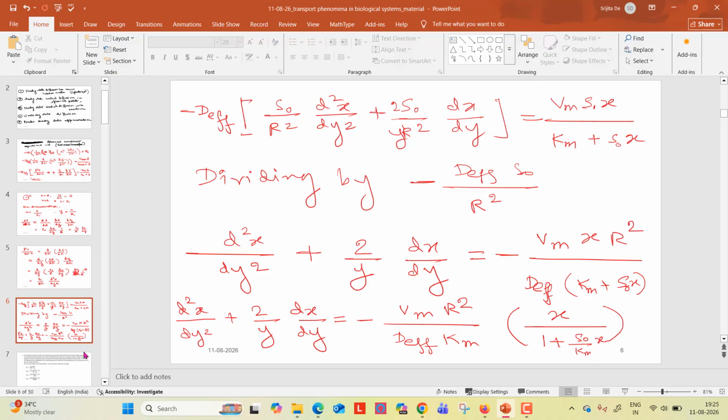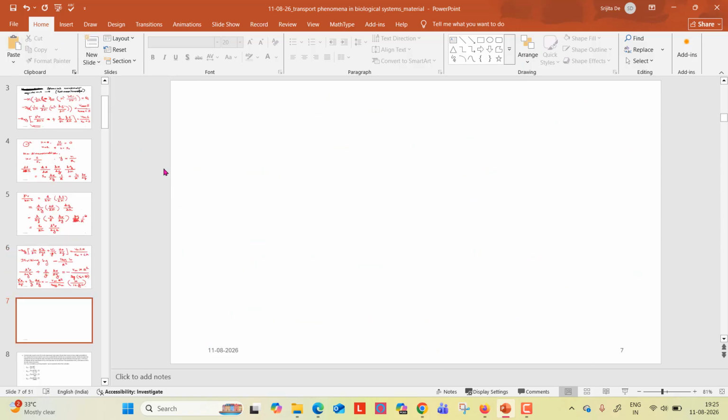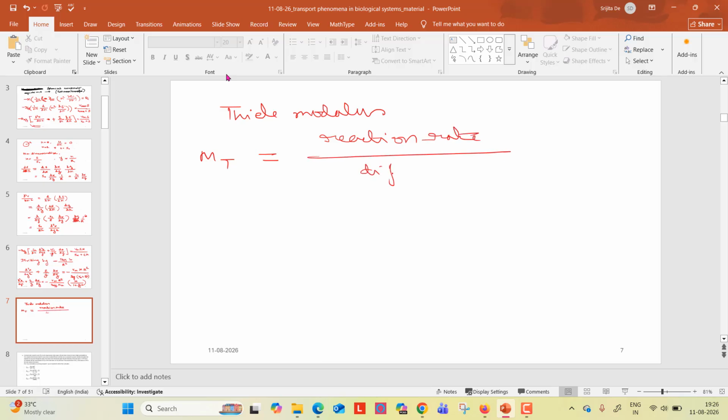You got it. Now in the next step, we will define the Thiele modulus, which is similarly defined in the lecture. The Thiele modulus is the ratio of reaction rate divided by diffusion rate.